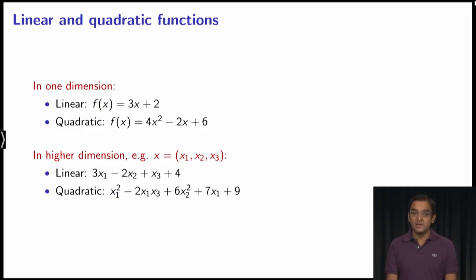A quadratic function is also just a sum of terms, and each term is either a constant or a linear term, or it could be the square of one of the variables, like x1 squared or 6x2 squared, or it could use the pairwise product of two of the variables, like this term over here, minus 2 x1 x3. Okay, so this is what linear and quadratic functions are for higher dimensional data.